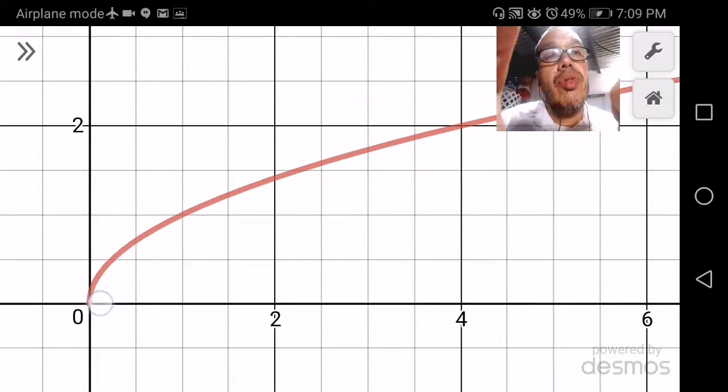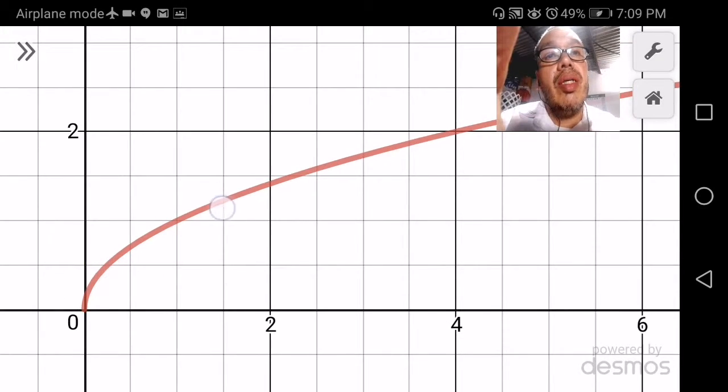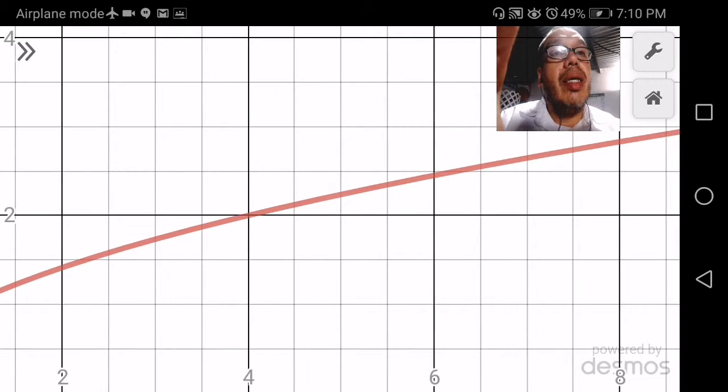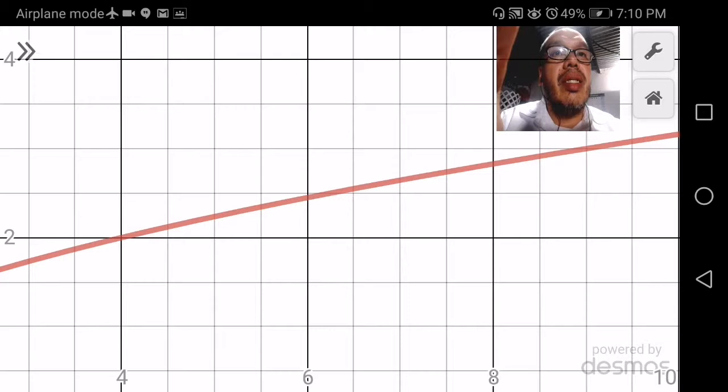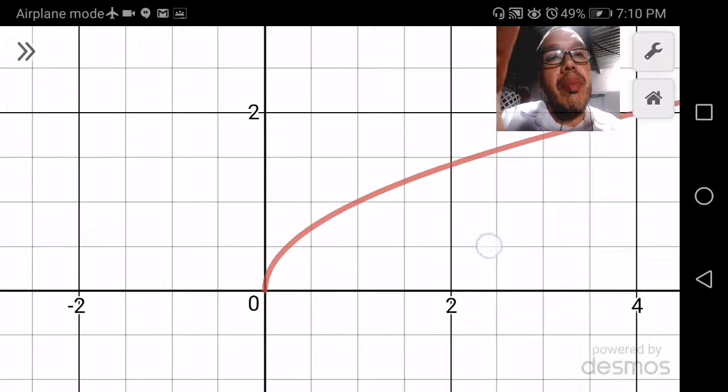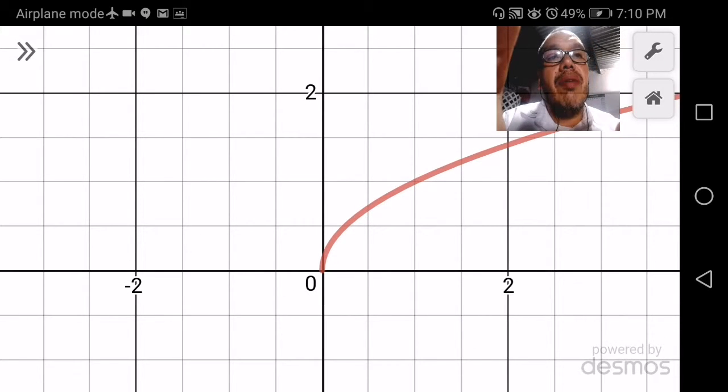And so this function starts out by growing a lot, and then it moves less and less. It becomes less and less steep as you go forward. But the important part is that you don't have any graph to the left of the 0, because of course you don't have any square root of a negative number.